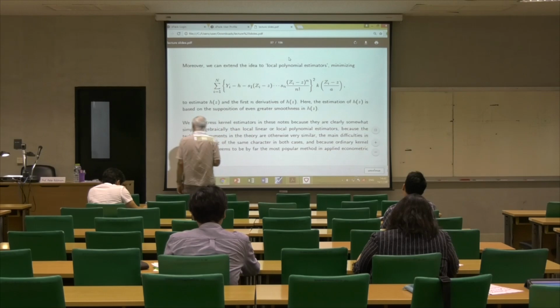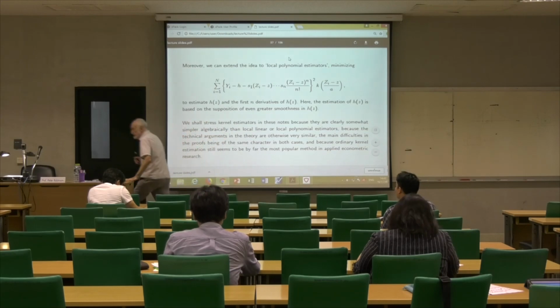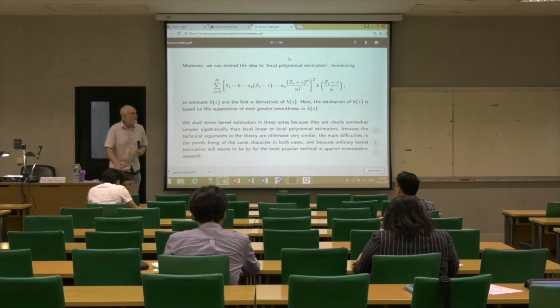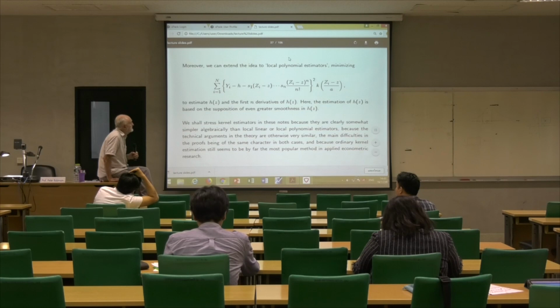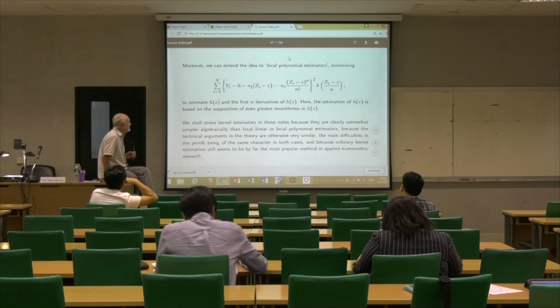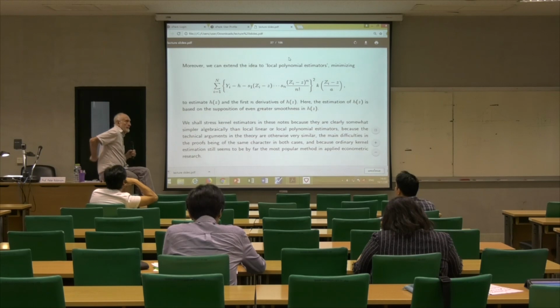And so again, it's a simple matter to write down the estimates of all these s's. They all have interpretations. I didn't bother to write it down, but it's the same principle, and you just differentiate partially with respect to all these things and solve out. And this should be better if you have greater smoothness in the function.